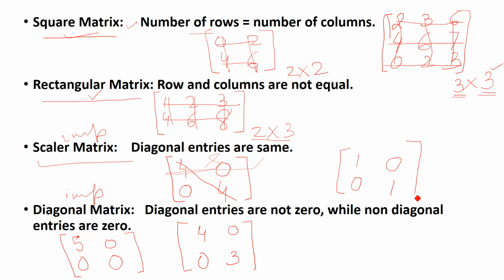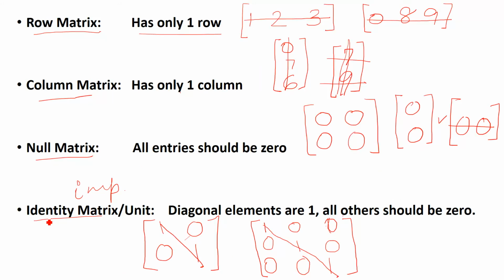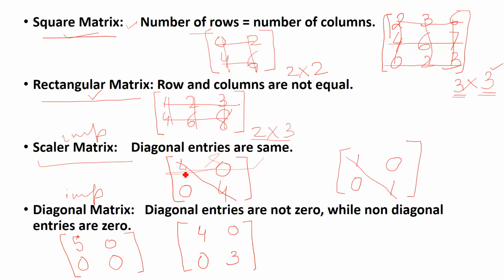This one. If the diagonal entries are 1, all others are 0, it is the identity matrix, which we have discussed here, identity or unit matrix. But if the diagonal entries are same but not 1, 2, 3, 4, 5, whatever, both same, just like I will show you here, suppose 4, 0, 0, 0, 4, 0, 0, 0, 4.